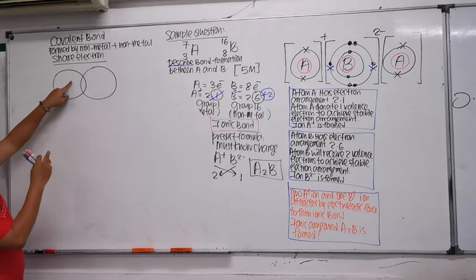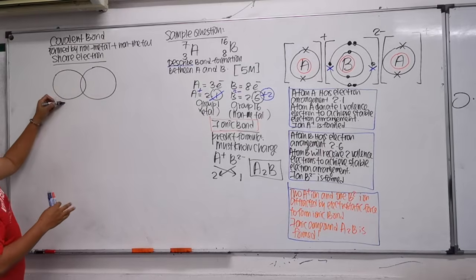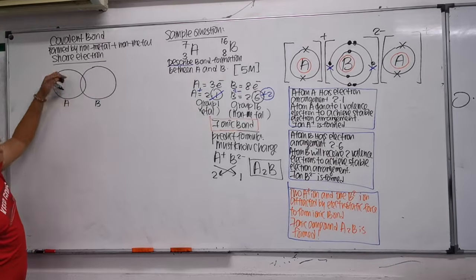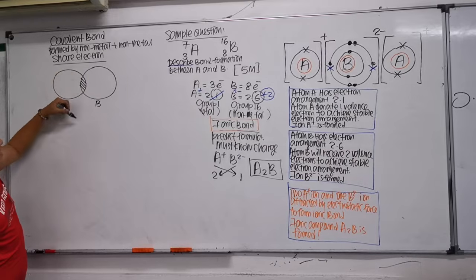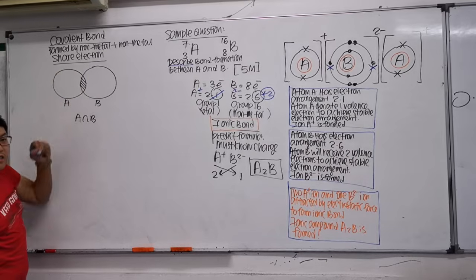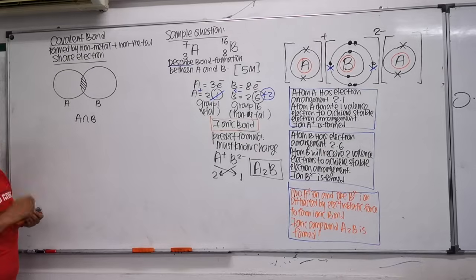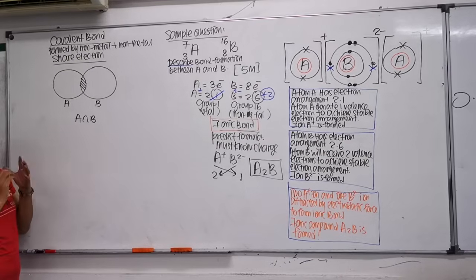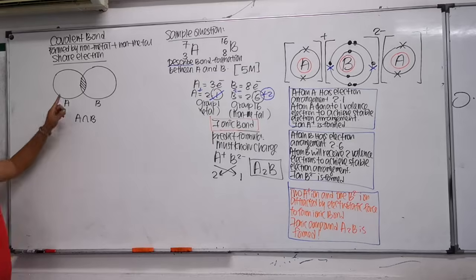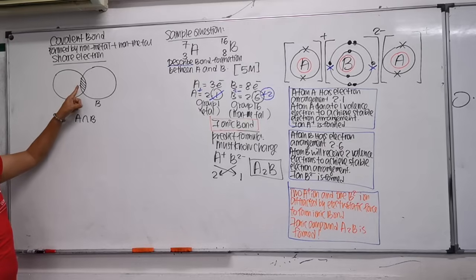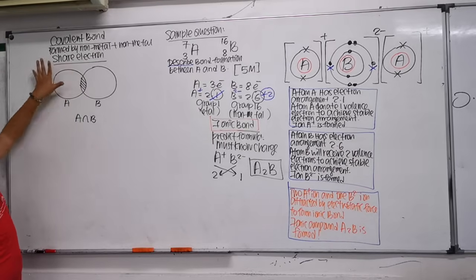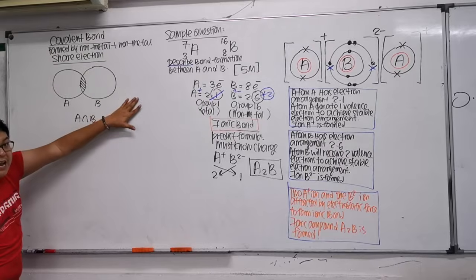You learned before in mathematics, this is set A, this is set B. This common area in between is called A intersect B, isn't it? Alright? So guys, I'm not teaching you mathematics today. I just want you to get some idea. This area that I shaded belongs to A and belongs to B. Understand?